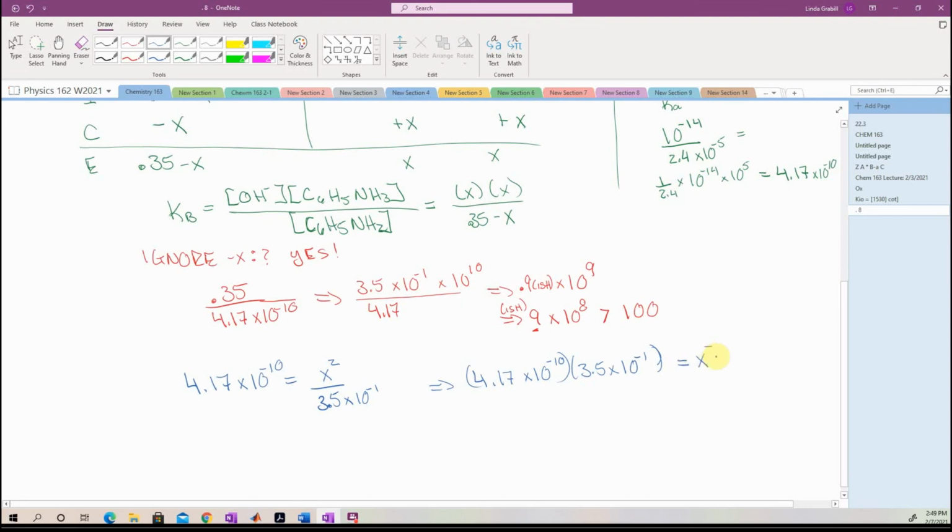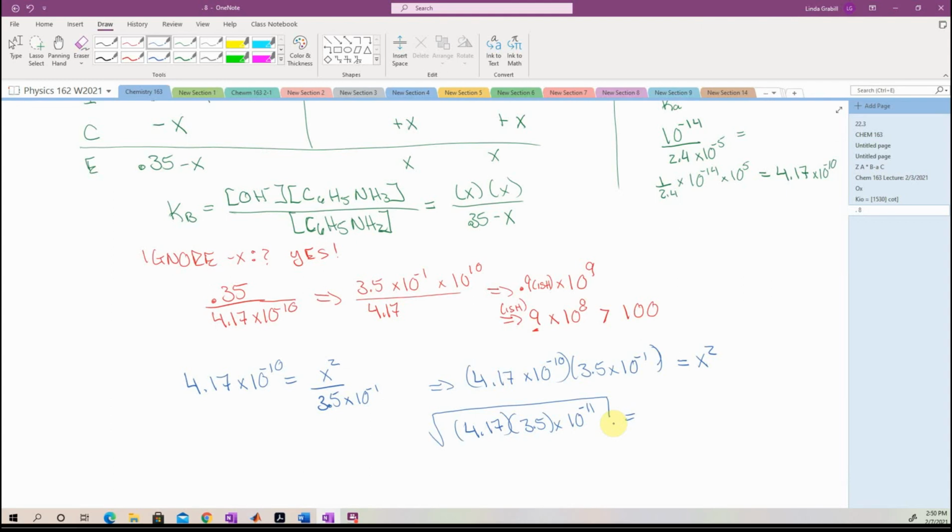And it's a great place to make mistakes. So I will have 4.17 times 3.5 times 10 to the negative 11. 10 minus 1, negative 10 minus 1 is negative 11. And I will put that in my calculator. What do I get?